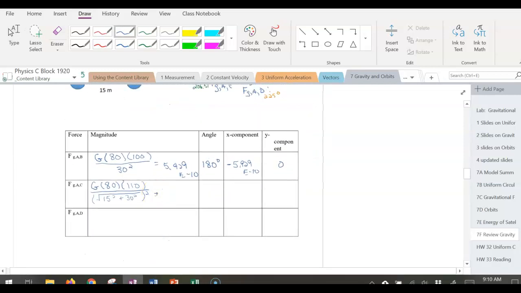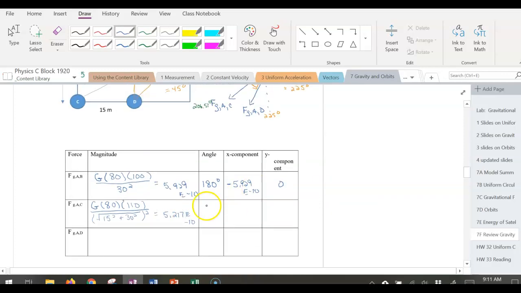So if we did that, I get 5.217 e to the negative 10th.